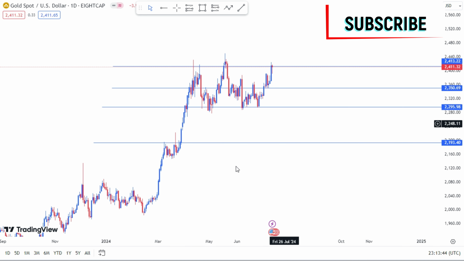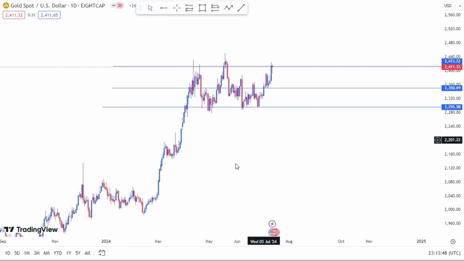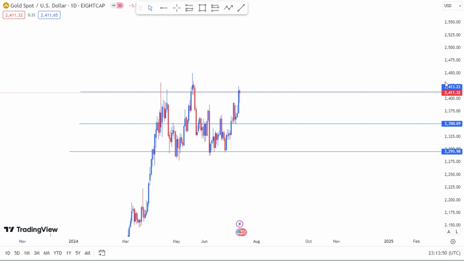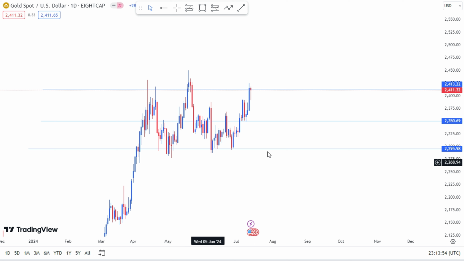The market won't reach this point anytime soon, so why would you put it there and confuse yourself? So these are the current levels that we are seeing on the market, which are the support, resistance, and the mid-range level here.